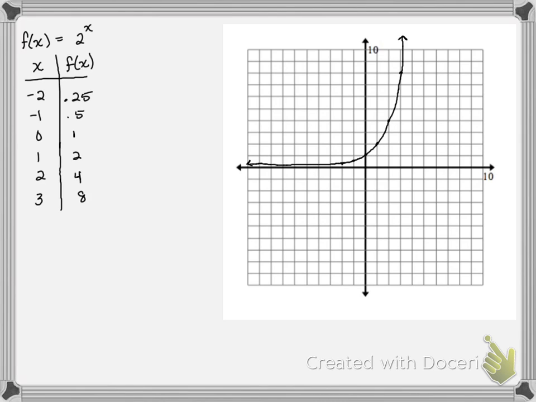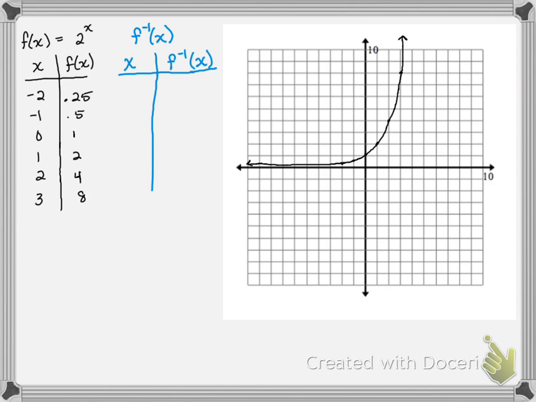Do you guys remember this? So now we're going to graph its inverse. We're going to graph f inverse of x. And remember that the outputs of f are the inputs of f inverse.